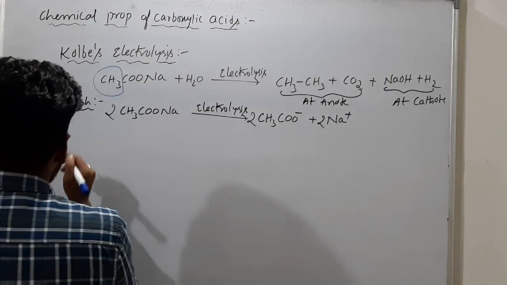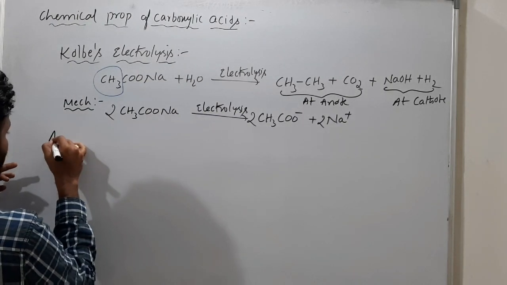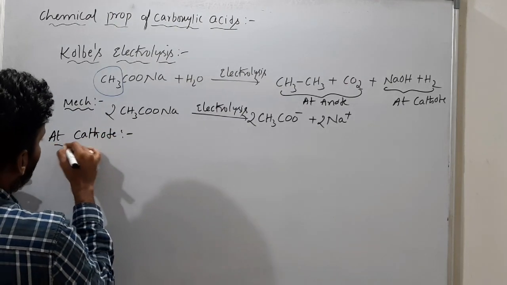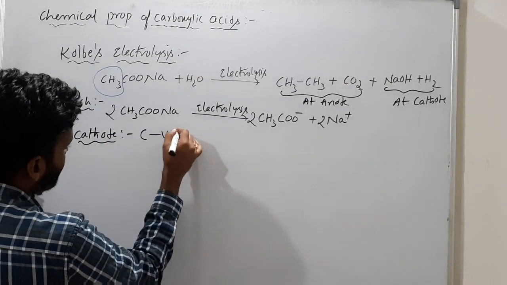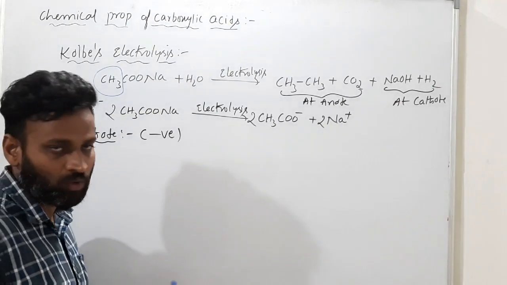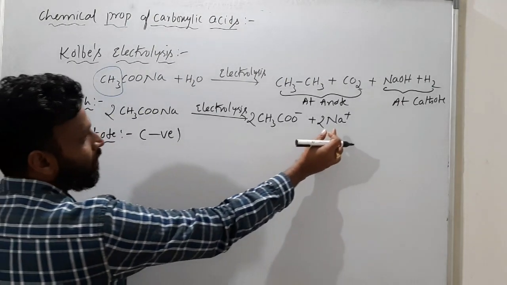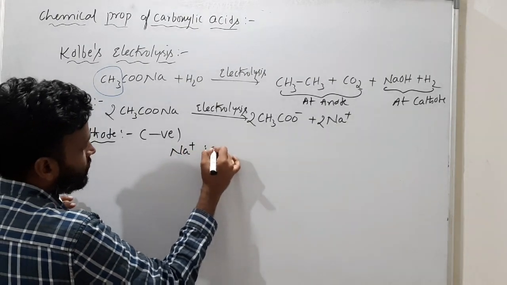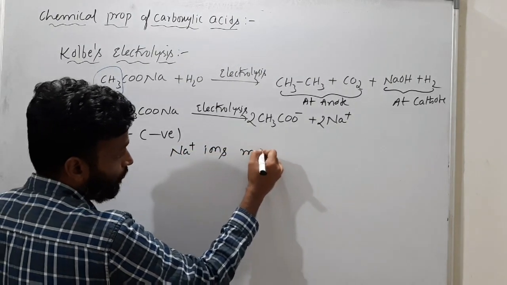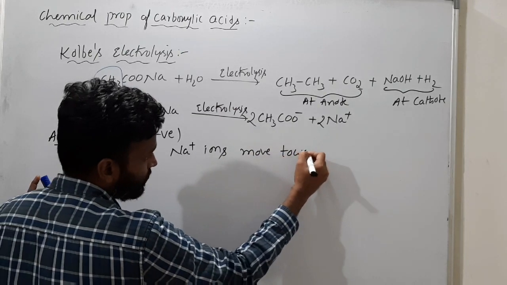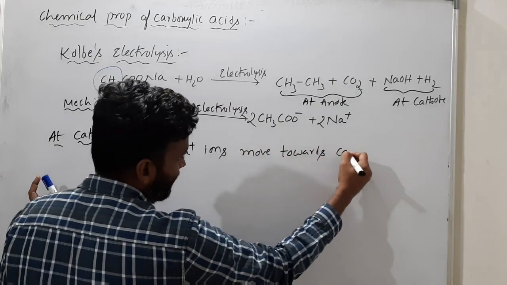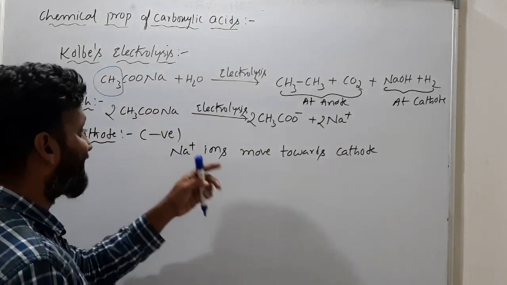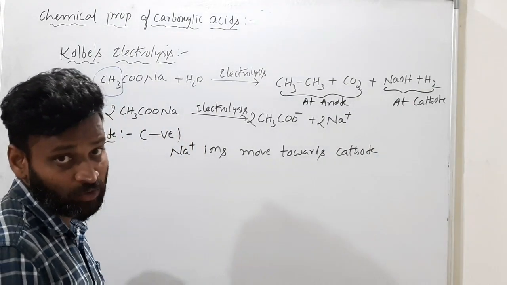At the cathode, what happens? Cathode means negative electrode. So at the cathode, positive ions will go. That means Na plus ions will move towards the cathode.